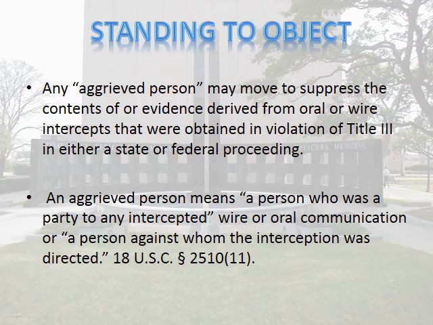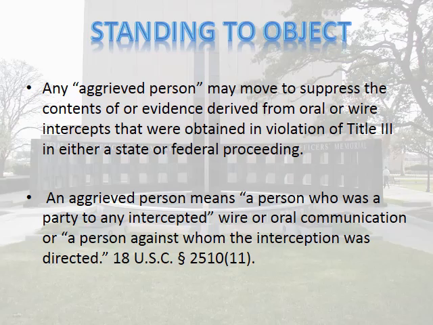An aggrieved person means a person who was party to any intercepted wire communication or a person against whom the intercept was directed. So if you've got two people that are talking about their friend that had evidence hidden, on an illegal wiretap, they're not the aggrieved party because they're not the ones that were talking on the wiretap, or the person the wiretap was against.